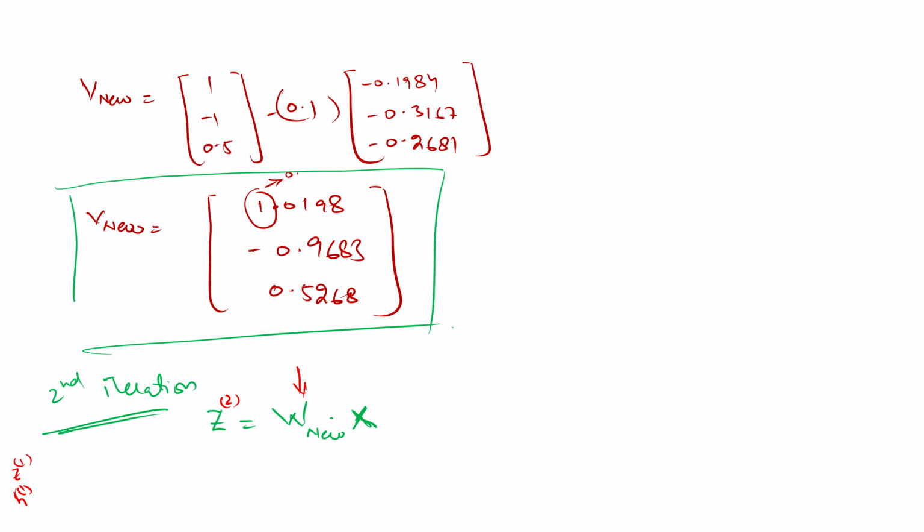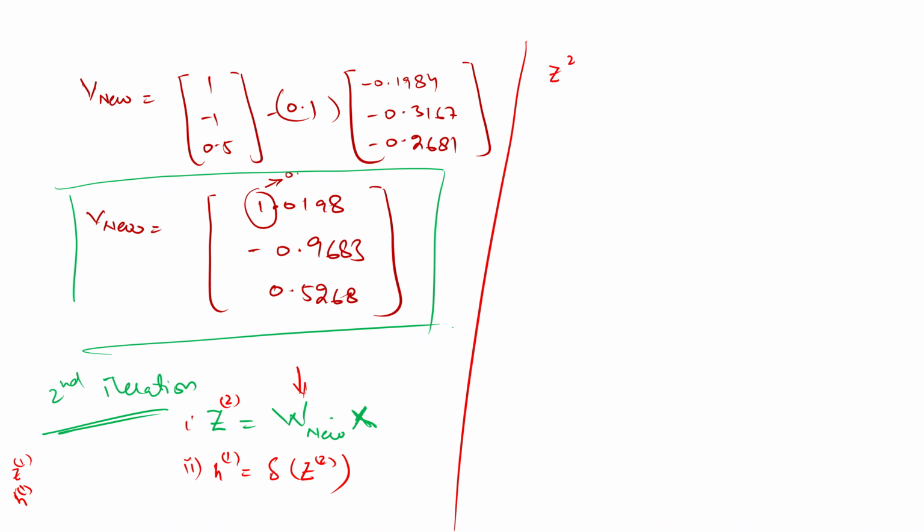This represents the iteration number. Okay, so what will be the value? After this we have to follow the same steps, right? We don't have to get confused by these notations. Same steps: the first one is linear combination, the second is activation. So let me do the linear combination over here.